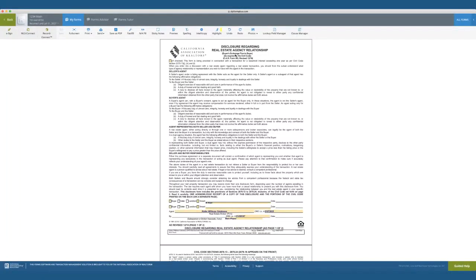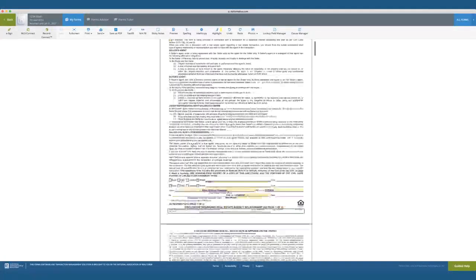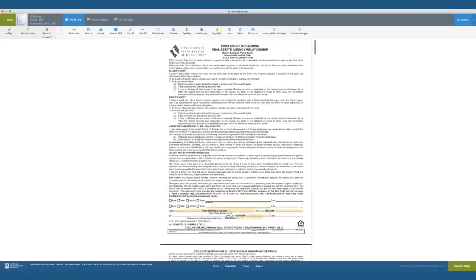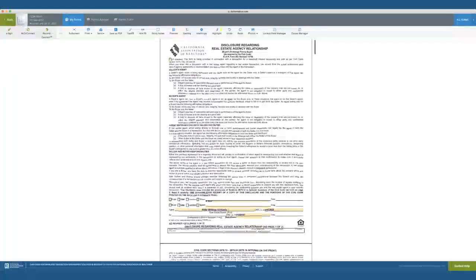They share a corporation and it's the same DRE number. So that's what this form does. It satisfies the first part of the statute in informing what types of agency there are.